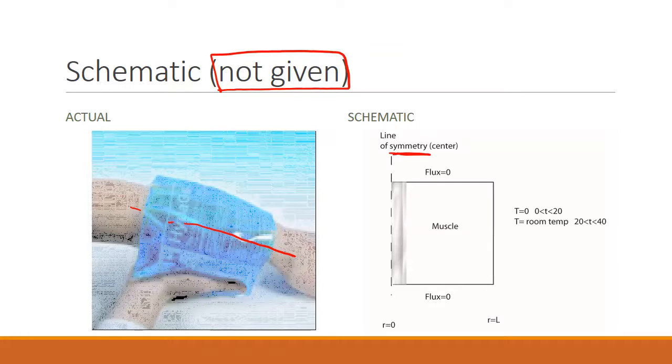We said it is symmetric, so there is the line of symmetry, and then we have the bone here and muscle, and on this side of the muscle we have the cold pack, and so the cold pack would be maintaining some temperature of T cold, which doesn't have to be this.